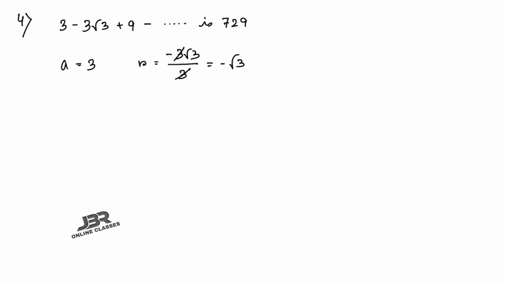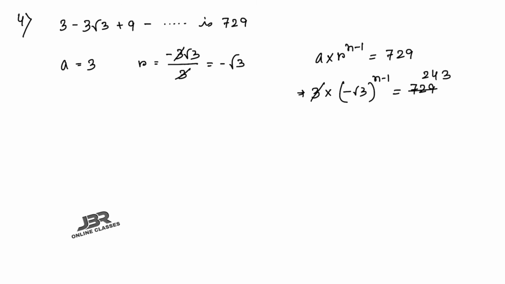Suppose the nth term is 729, so a times r to the power n minus 1 is 729. Here a is 3, then (minus root 3) to the power n minus 1 equals 729. 3 cancels out with this one, it's 243.